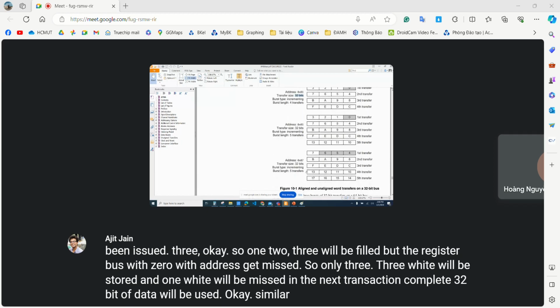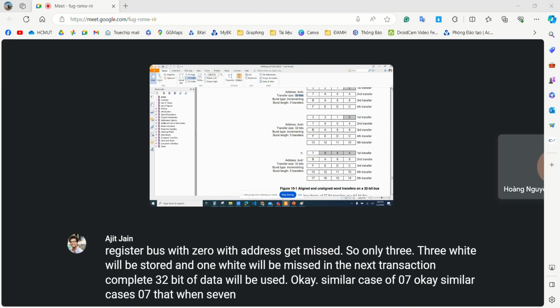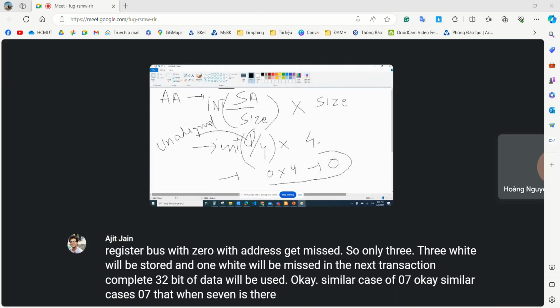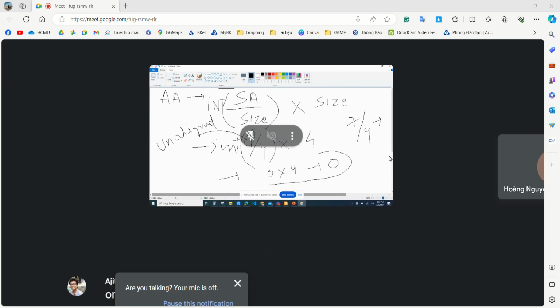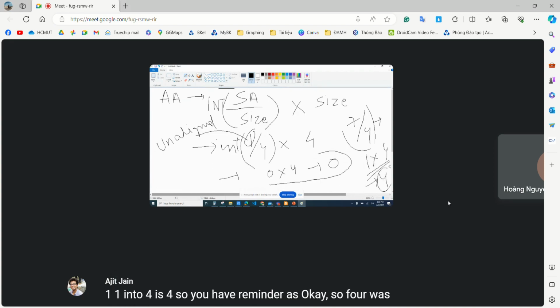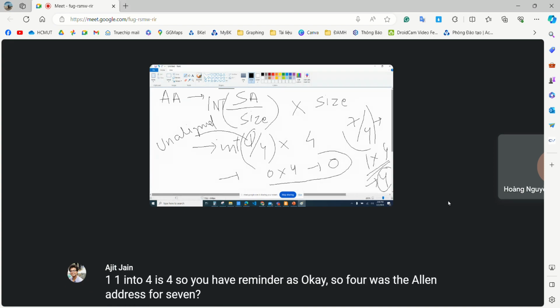Similar case is 7. Let's take this scenario. Suppose this was 7, 7 divided by 4, 1, 1 into 4 is 4. So 4 was the aligned address for 7 with size 4.